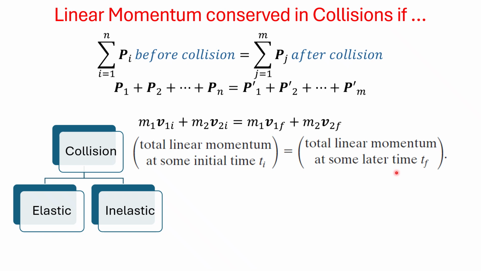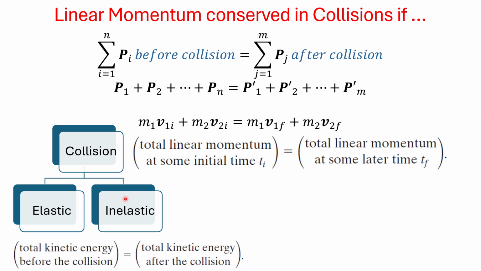So conservation of linear momentum is applied to all collisions, either elastic or inelastic. But what is the speciality of elastic? The total kinetic energy is conserved in case of elastic. That is, total kinetic energy before collision is equal to total kinetic energy after collision. So in case of elastic collisions, kinetic energy is conserved.